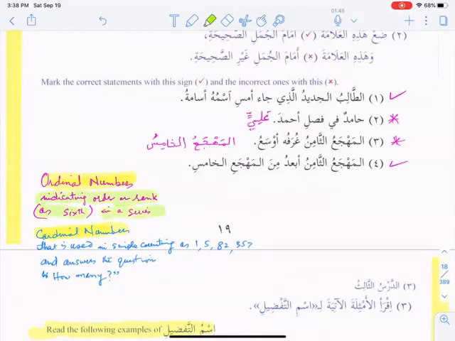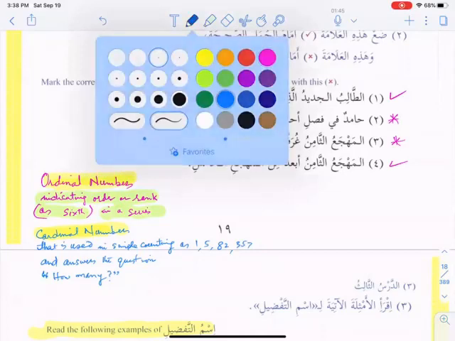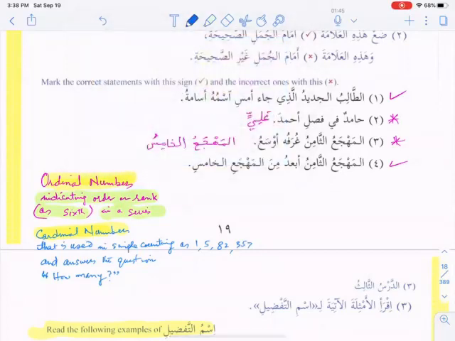Cardinal numbers are used in simple counting, as 1, 5, 8, 2, 3, 5, 7, and answer the question: when you ask somebody how many, then we have to use cardinal numbers. How many? 10, 20, like that. Fine.